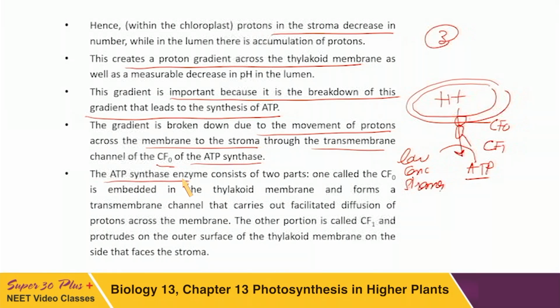The ATP synthetase enzyme consists of two parts, what I told you. One is CF0, which is embedded in the thylakoid membrane and forms a transmembrane channel through which the protons from lumen will come to stroma. It will facilitate diffusion of protons across the membrane. The other portion is CF1. It protrudes into the outer surface of the thylakoid membrane towards stroma.